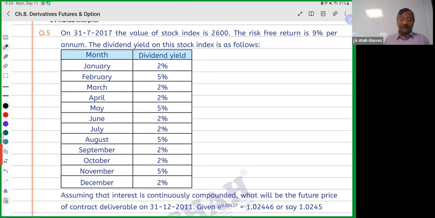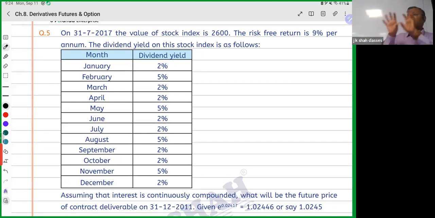Now understand, every month there is a different dividend yield. And this is how it works in real life, because how do you calculate dividend yield? Dividend paid by the company upon the market price. And in case of index, dividend paid by all the companies in the index divided by the market cap of all those companies.